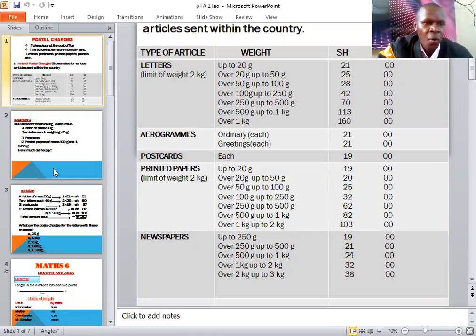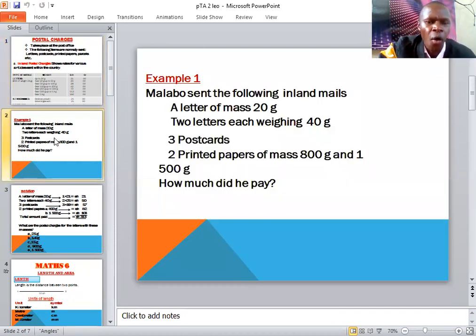Now, we have an example here that we want to work out together. Somebody by the name Malabo sent the following inland mails. We call them inland because they were sent within the country.